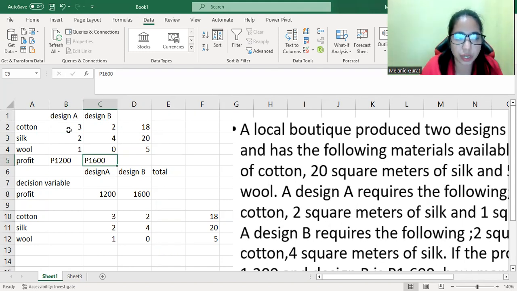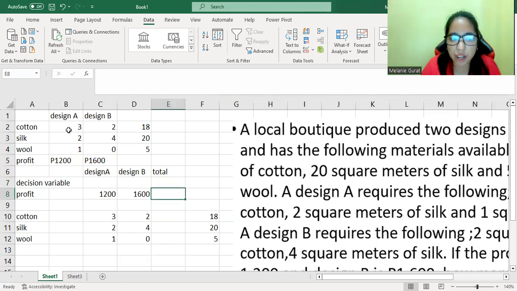We know for sure that when we talk about profit, that is whenever we already remove the expenses or the cost of buying those materials. The available cotton is 18 square meters, the available silk is 20 square meters, and the available wool is 5. So we have here the profit.